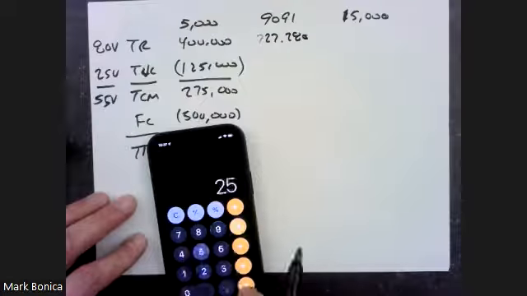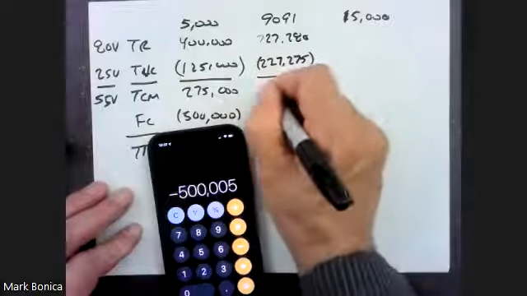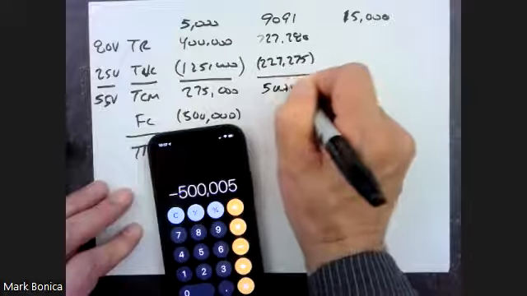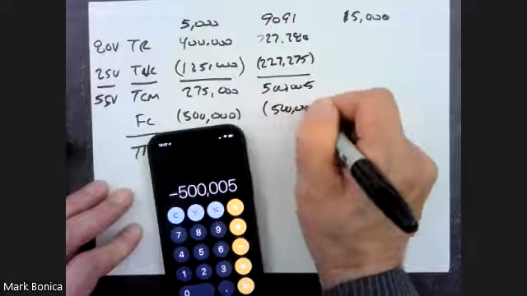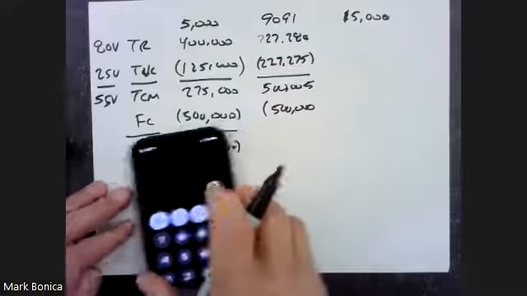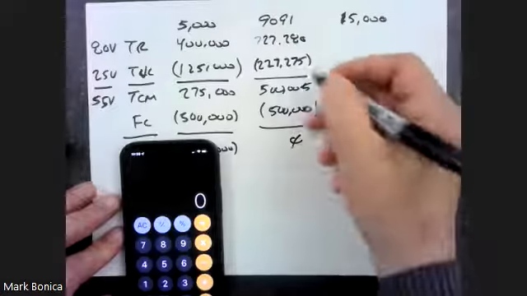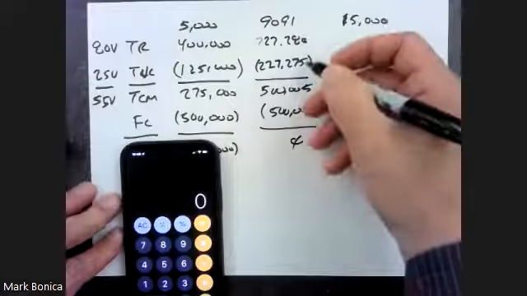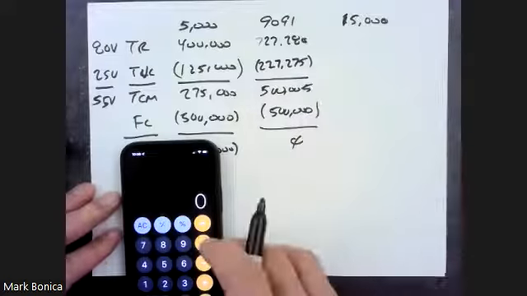Minus 727,280 gives us 505. And so then we have 500,000, right? So we're essentially zero. This is the reason I have this extra $5, because these should have offset such that this came to zero.